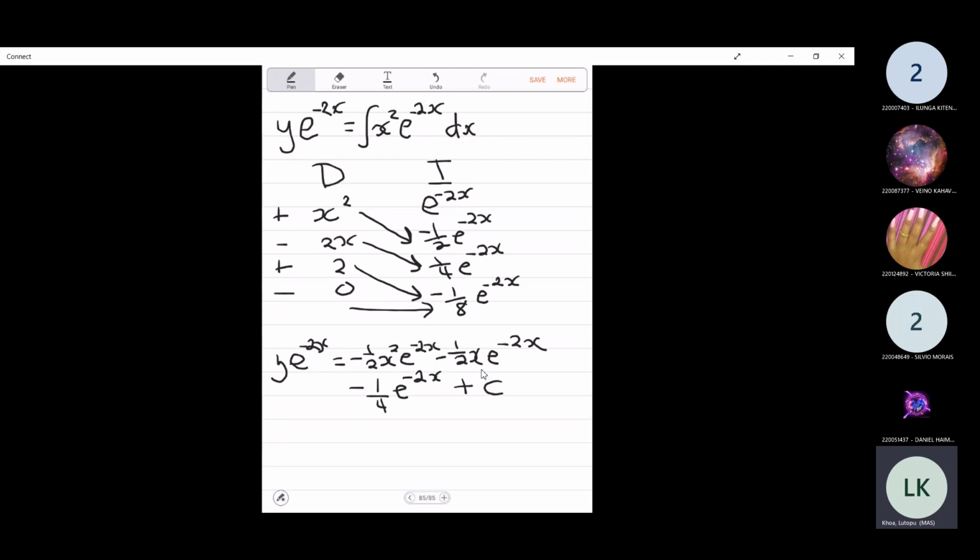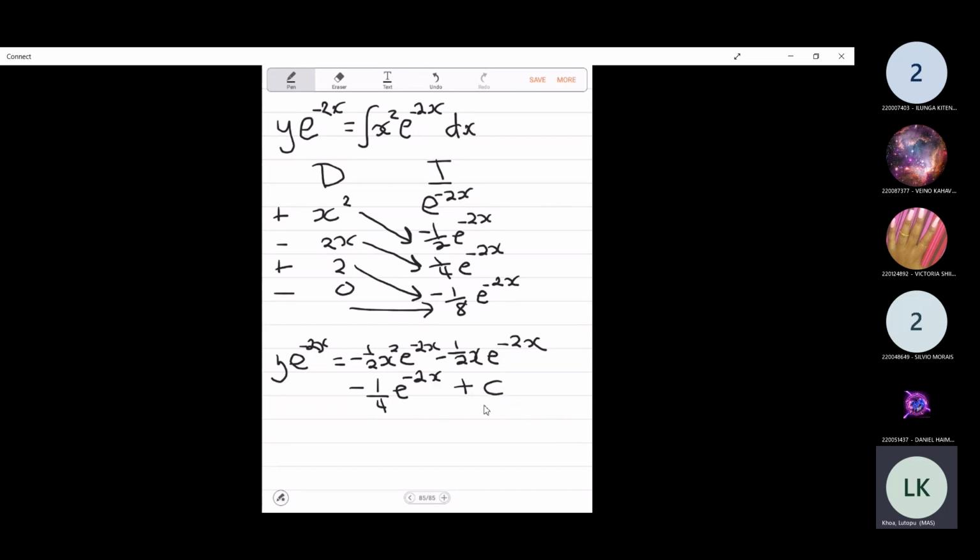Maybe multiply everything by 4. Also, we see that e to the power of minus 2x is common, so you can also divide throughout by that.